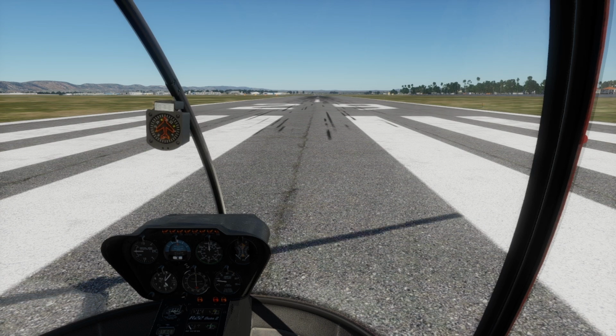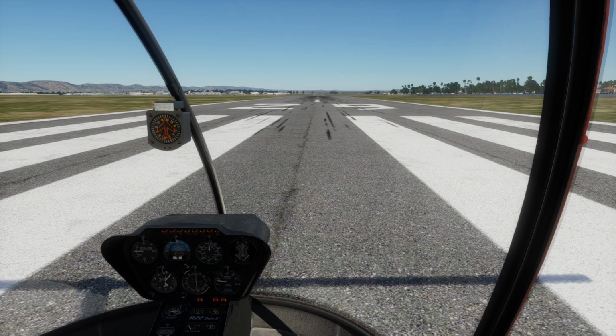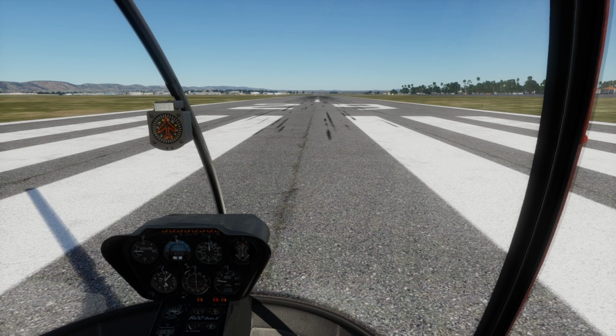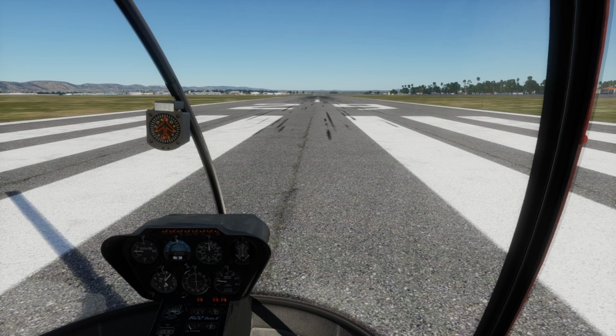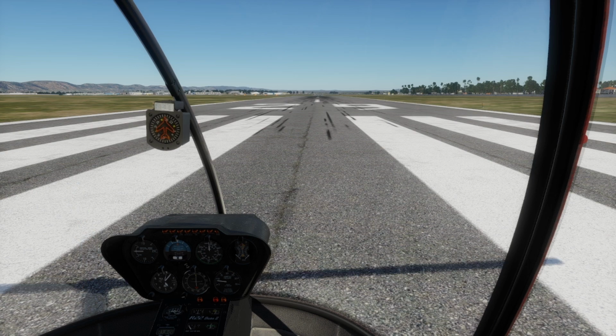But the key thing here is you don't raise the collective immediately as you encounter a power loss. Let's say you are at around 4 feet above ground level, midway through the fall, because it is a fall, you are falling. Midway through the fall, this is when you start to raise the collective.